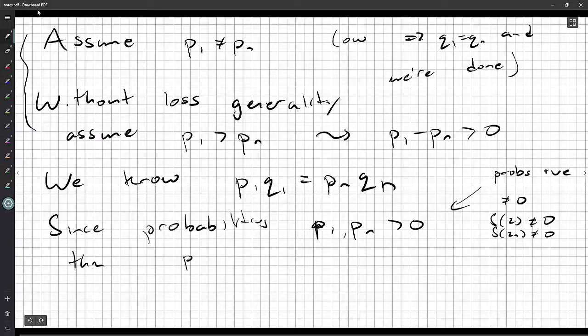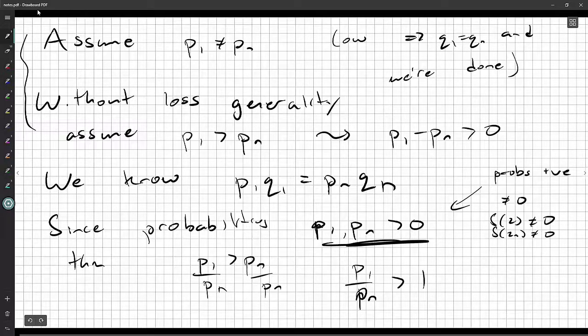So then P1 divided by Pn is going to have to be greater than 1. We're going to break that down. P1 greater than Pn, divide by Pn on both sides. We see that P1 divided by Pn is greater than 1. And I just had to make sure they were positive because the sign needs to not change.